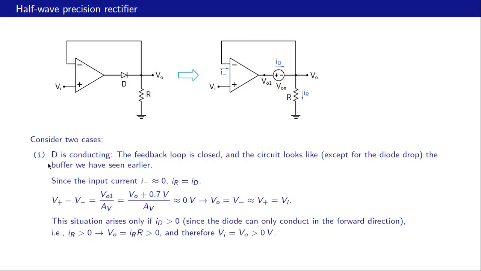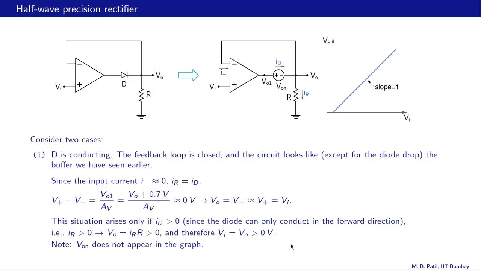So this situation, namely diode conducting, happens if VO is positive, and since VO and VI are equal, that means VI is also positive. So in short, if VI is positive, VO is equal to VI. That's a straight line passing through the origin with a slope of 1.